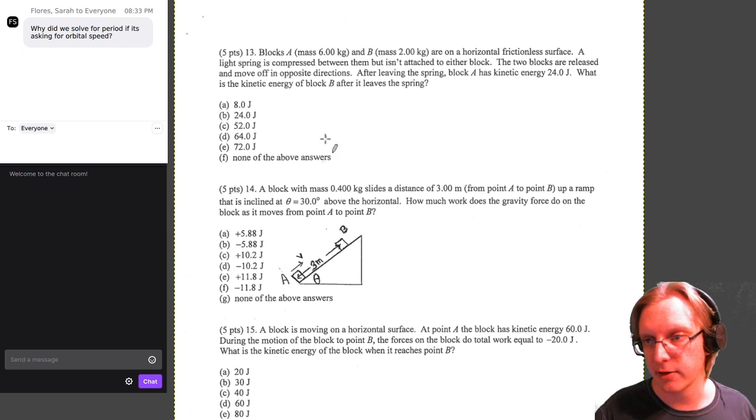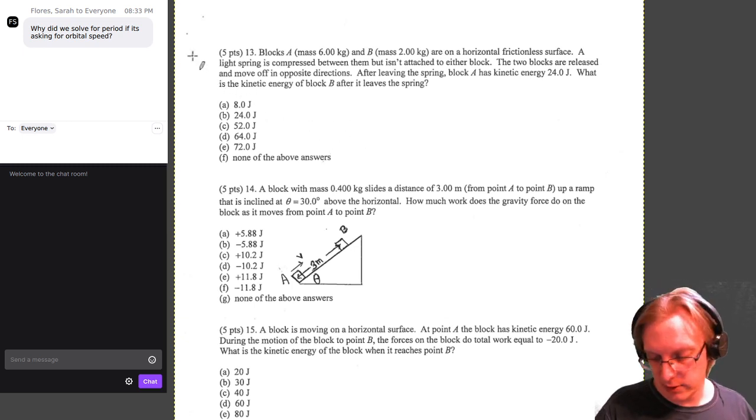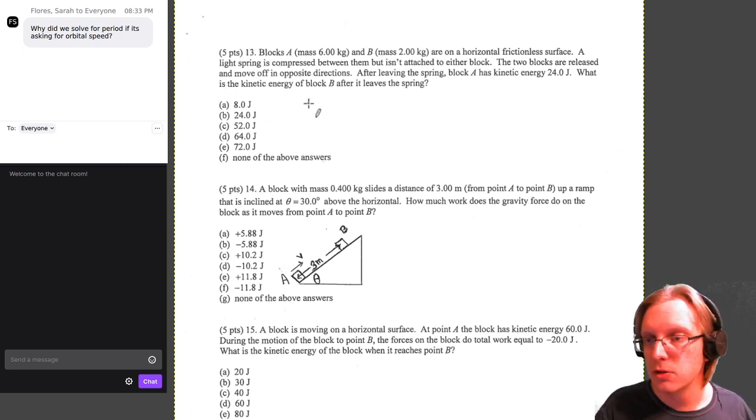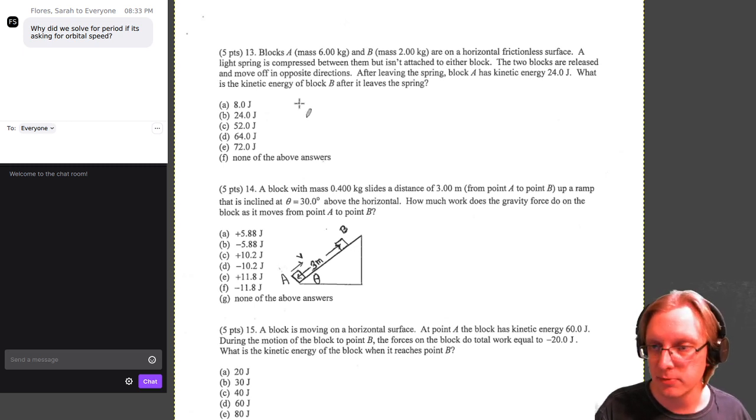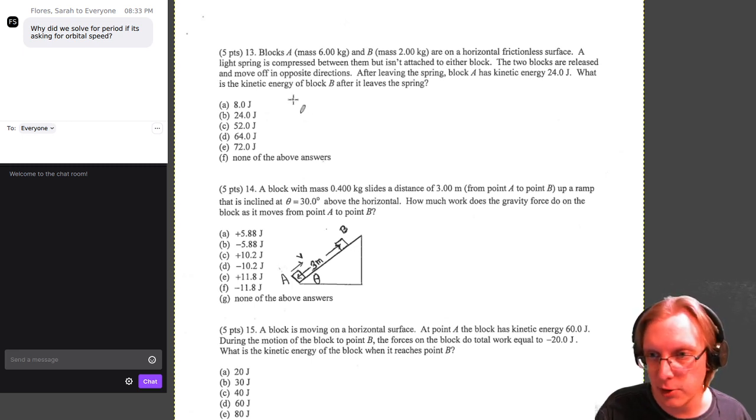Now we're writing on the right layer. This is a momentum conservation question. In principle, we could do this by energy conservation, but they didn't tell us anything about the spring. So we know precisely nothing about the spring, but we know everything about the momentum of these two blocks.